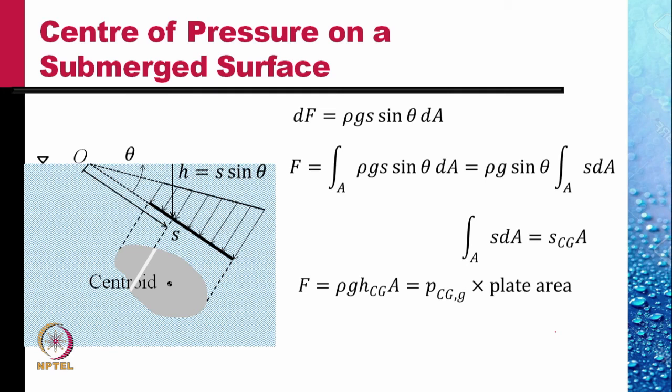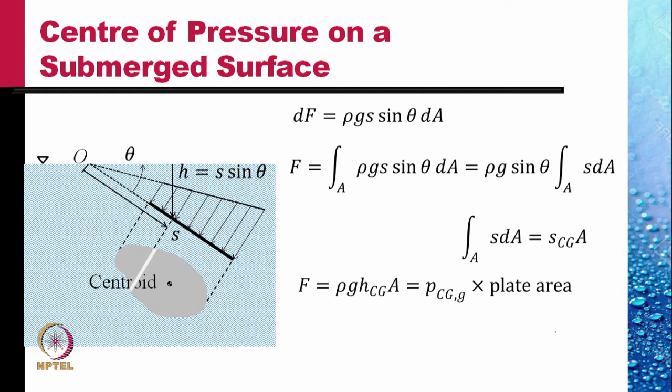And the force on a strip of width ds on the surface would be rho g s sine theta into the area dA of that strip. So we can take rho g sine theta outside the integral, and so this force is rho g sine theta integral s dA.